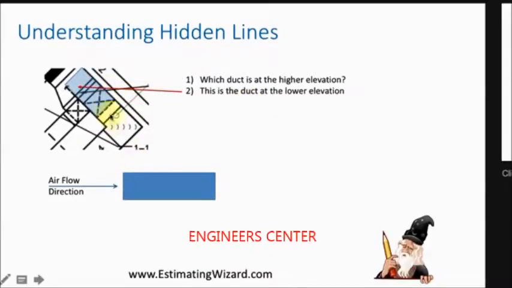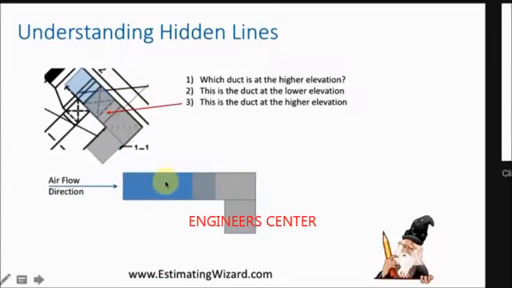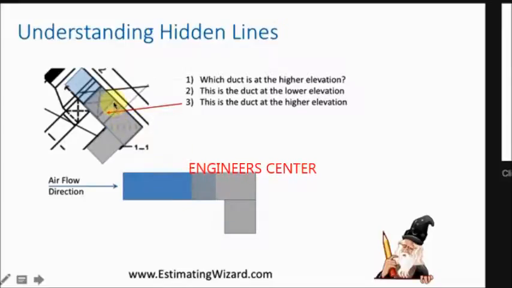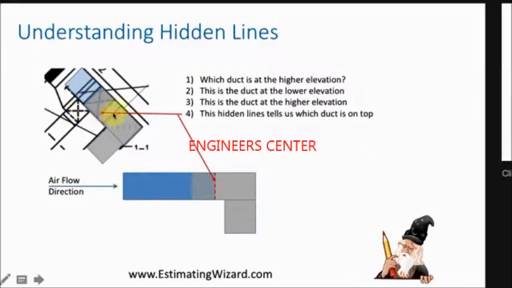So this represents this piece here. And this is on top, so you can see that blue piece here goes underneath. So you can see there's a line there where this upper piece sits on top of that lower piece. So that line right there is where this blue piece came and turned. So there's that hidden line.